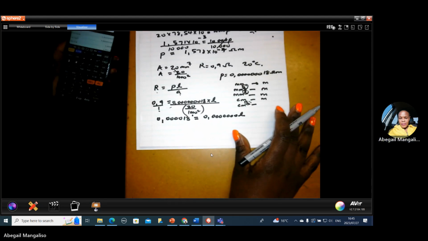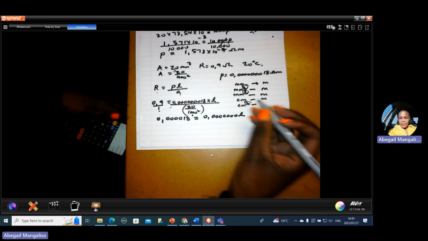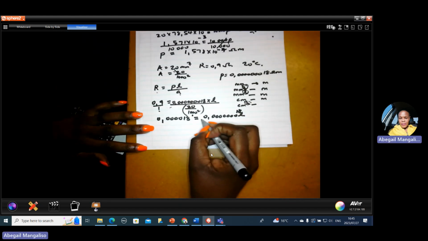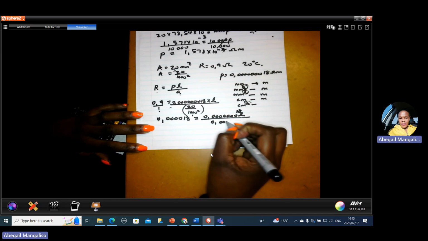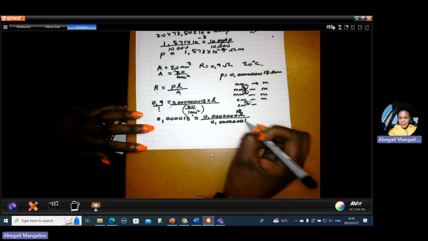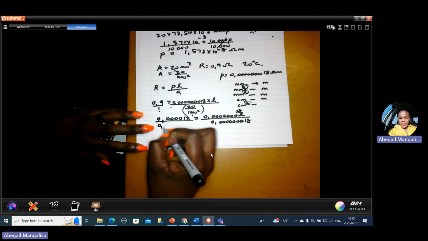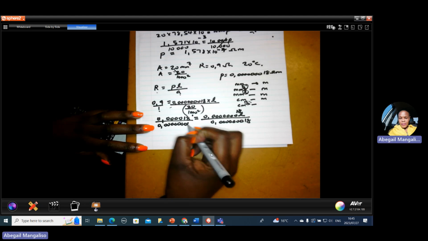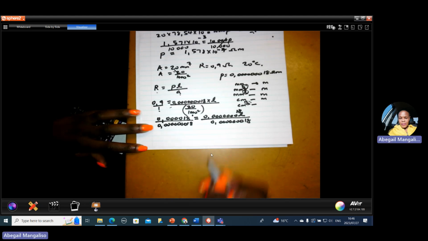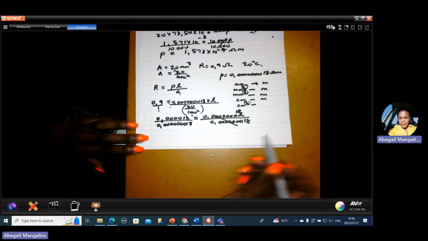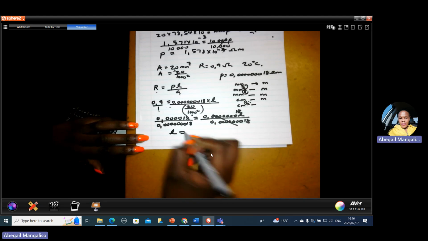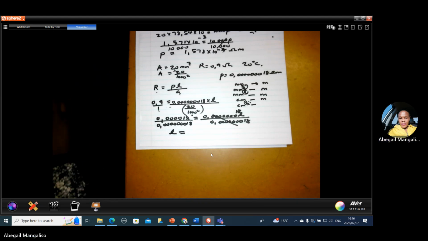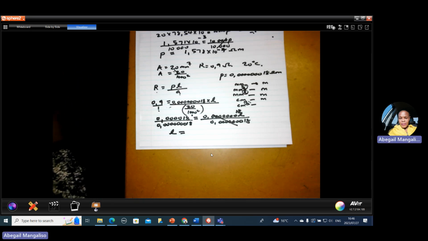Next step, you divide both sides. This is 1.8. Both sides by 0.123456718. Cancels out this side. This length will be equal to 0.00000018 divided by 0.123456718.